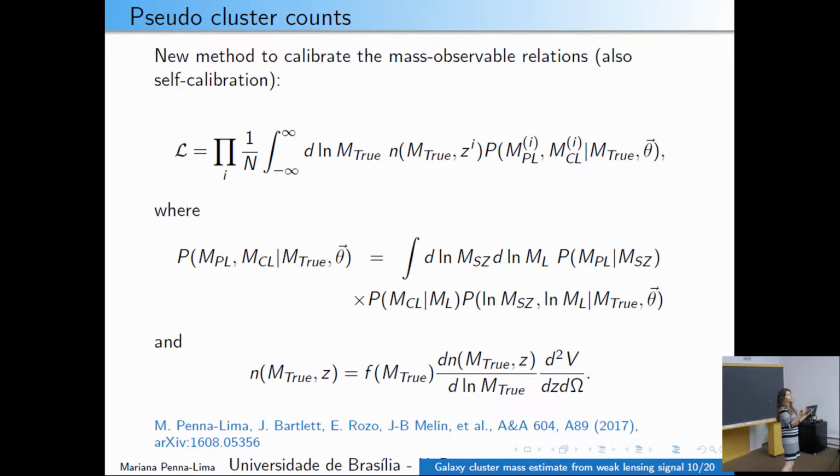These are free parameters that you are going to fit together with the mass observable relation or cosmological parameters all together. So it still needs to have some sort of functional behavior, but it can be as general as you want.